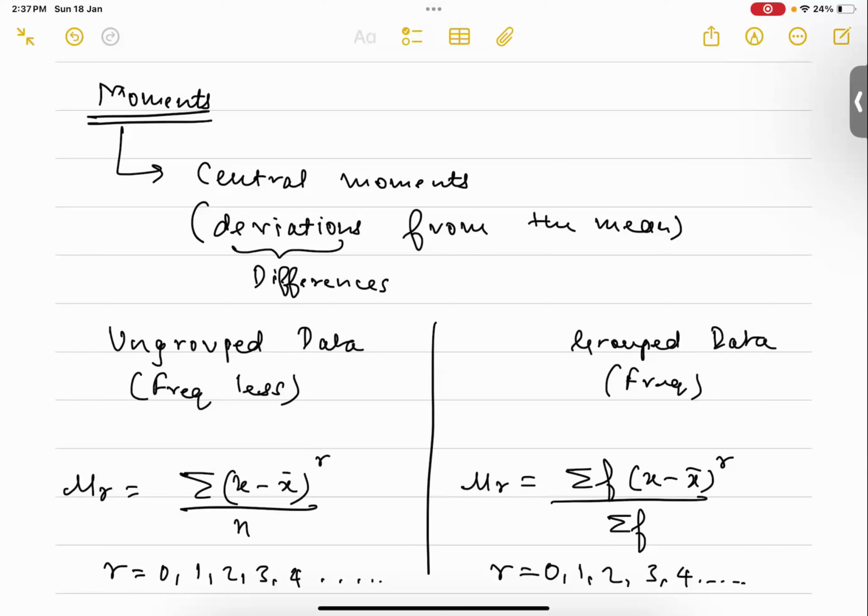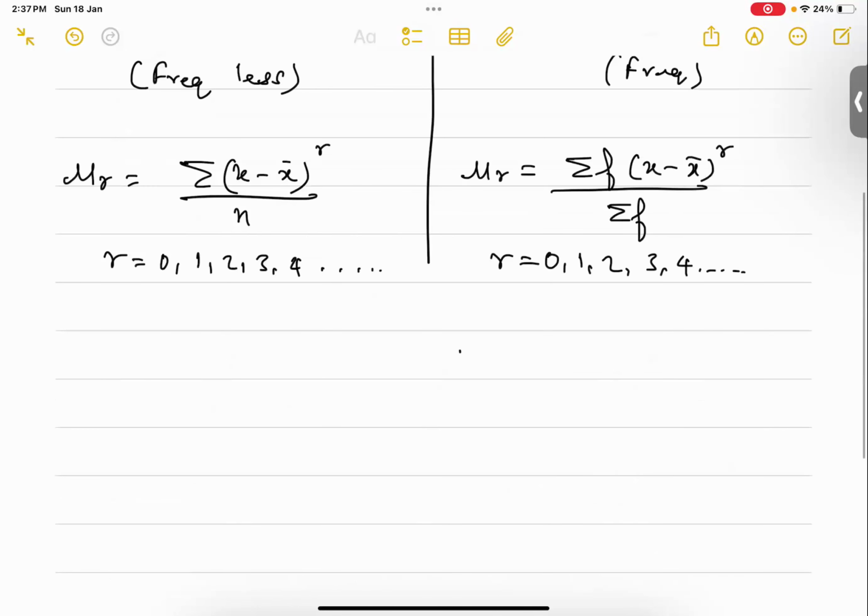The data is 4, 6, 7, 10, and 13. Now this is ungrouped data. There is no frequency over here. N is equal to 5 because there are 5 observations.